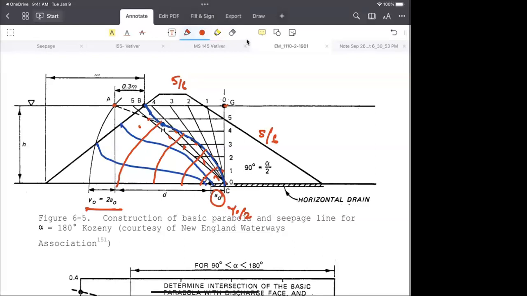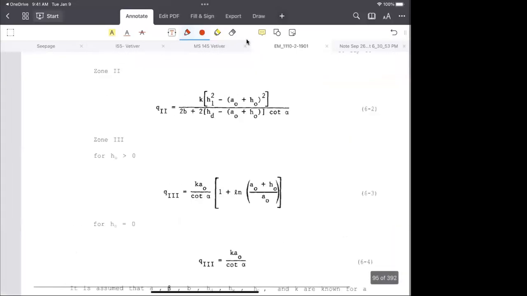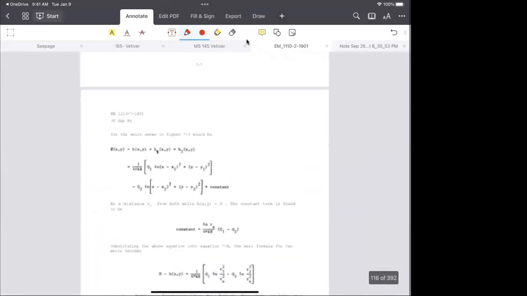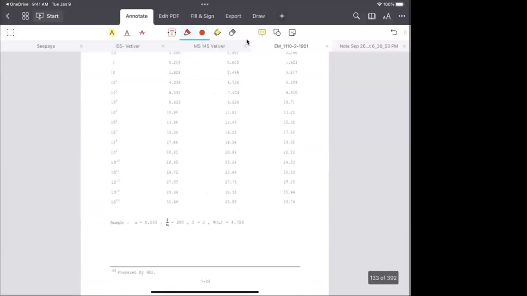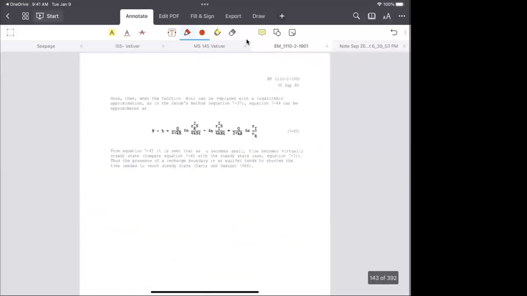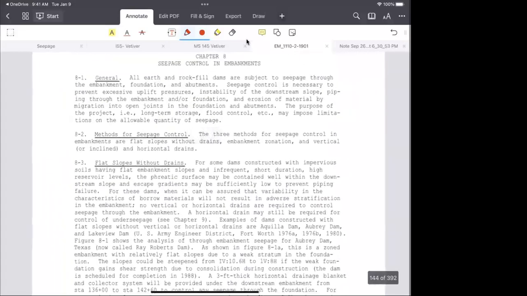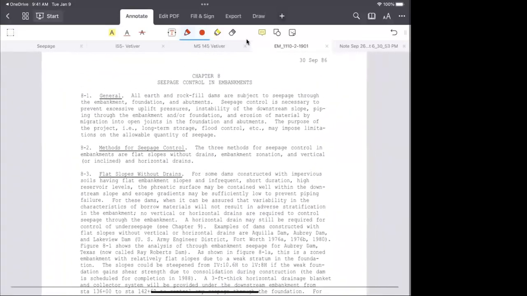What is the best way of doing a dam design? You think about it. We are supposed to do some reading, and the reading should be in the chapter on remedial design, at the end of this manual. Seepage control in embankments, which is chapter 8.